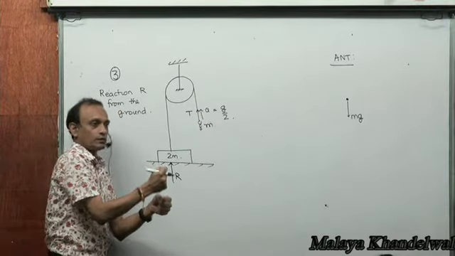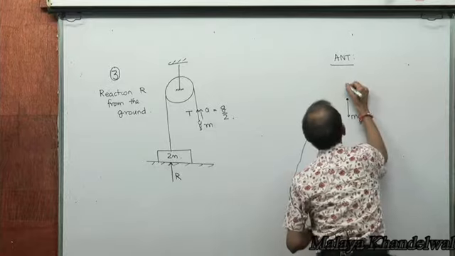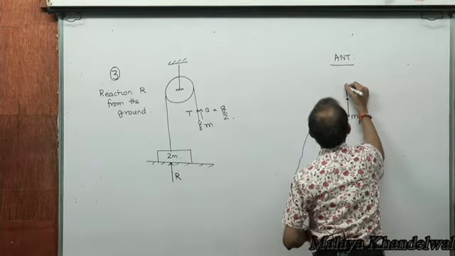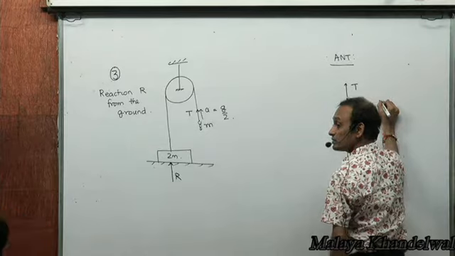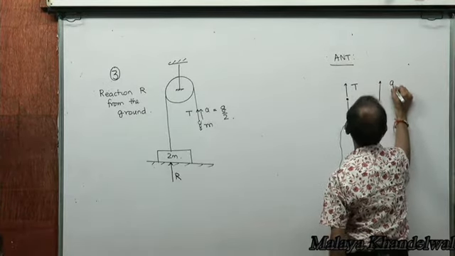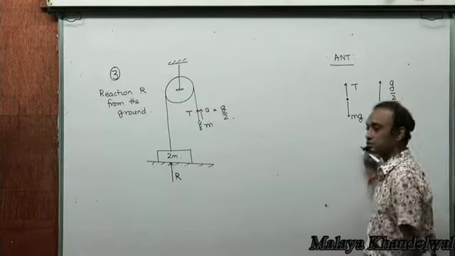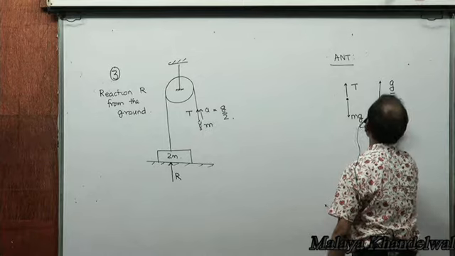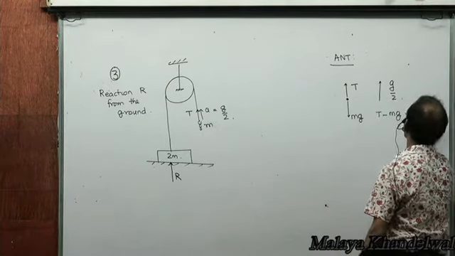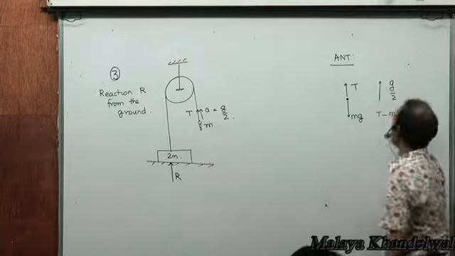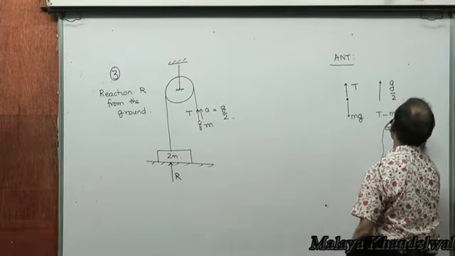This is the summary of all forces acting on the ant. What's the effect? The ant has an acceleration g by 2 upwards, right? So this gives me T minus mg equal to mg by 2. T therefore is 3mg by 2.